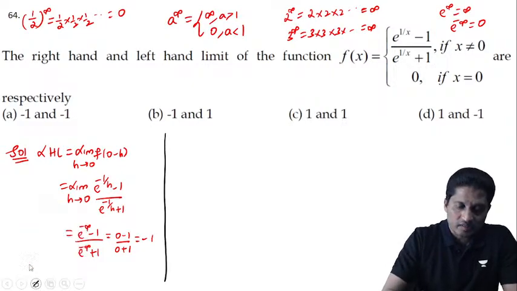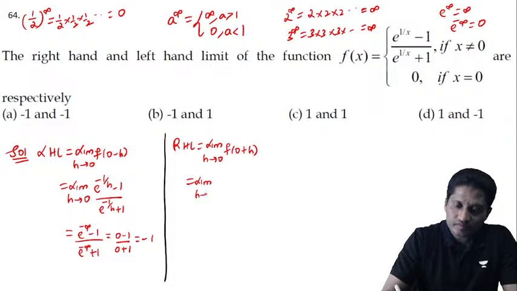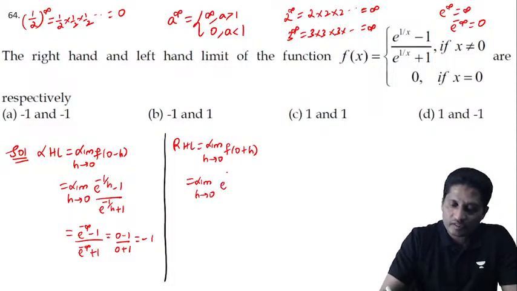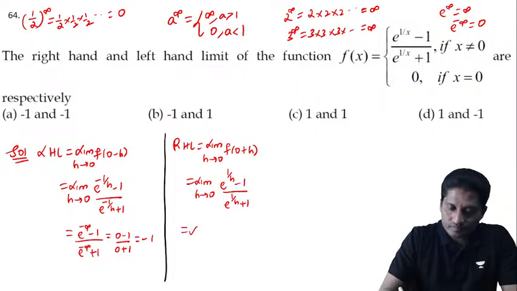Okay, the right hand limit is equal to limit h tends to 0 of f of 0 plus h. This is equal to limit h tends to 0 of f of h, which is e to the power of 1 by h minus 1 divided by e to the power 1 by h plus 1. Now this can be written as limit h tends to 0 of e to the power of 1 by h into 1 minus e to the power minus 1 by h.